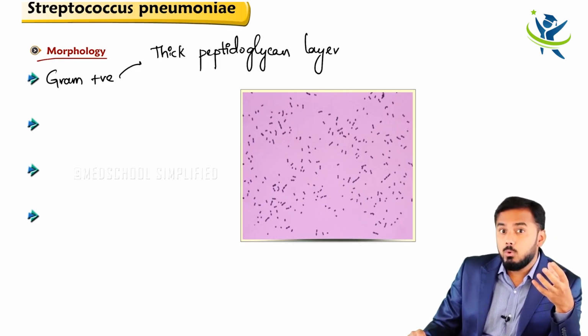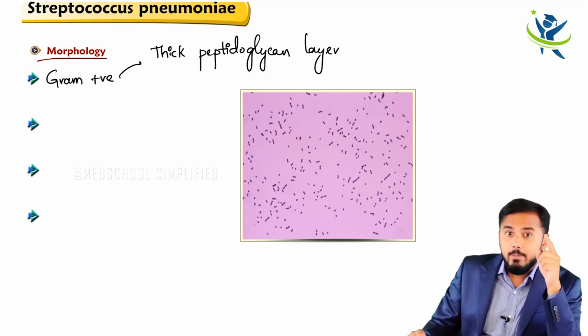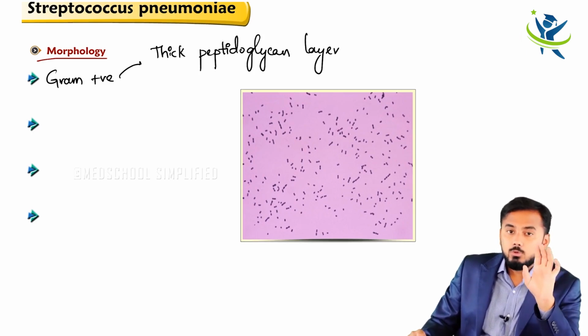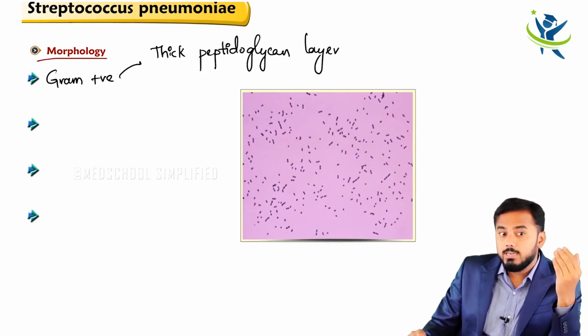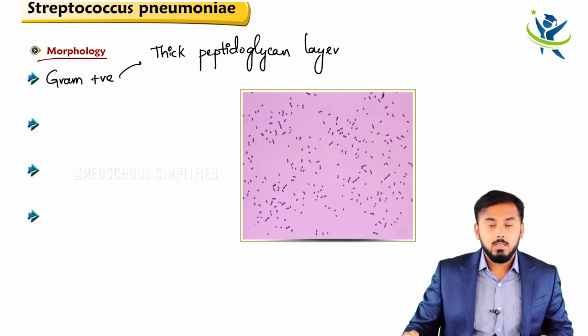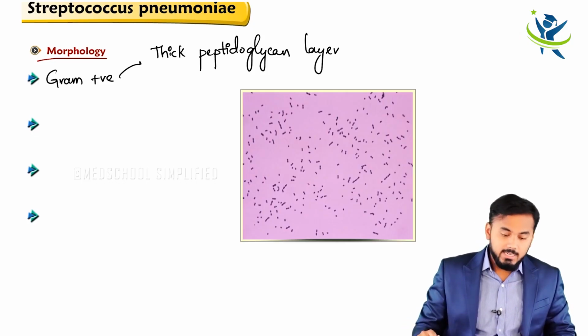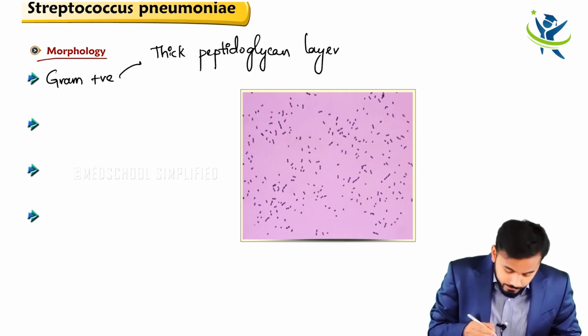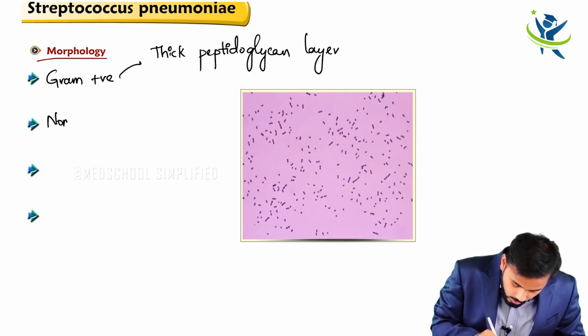That is why they are called spore forming bacteria, and these spores are so toxic that they can damage your nervous system, and that is why these spores are also called neurotoxic spores. Every bacteria, whenever you are discussing, you have to know whether it is spore releasing or non-spore releasing. But thank God that Streptococcus pneumoniae is a non-spore releasing bacteria, right? It is a non-sporing bacteria.